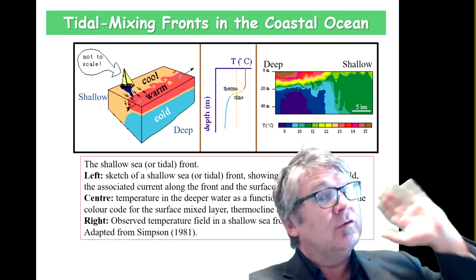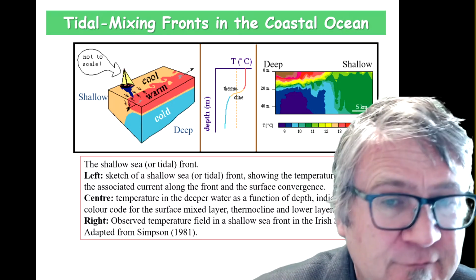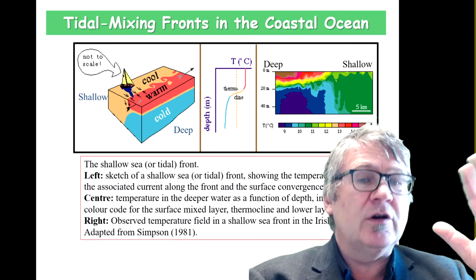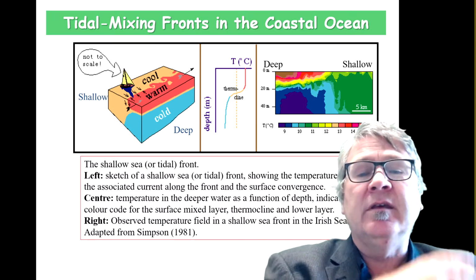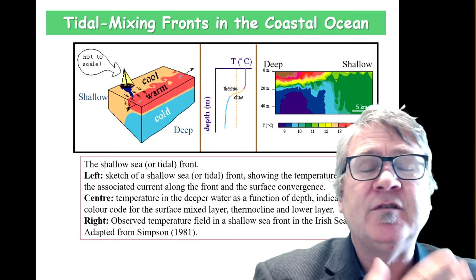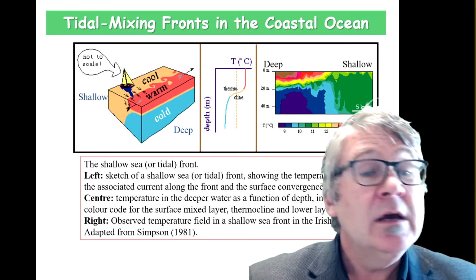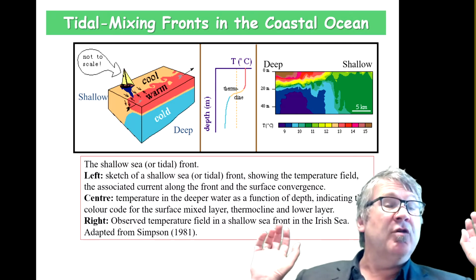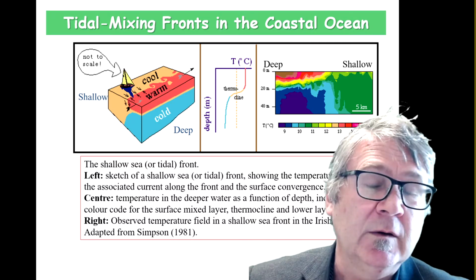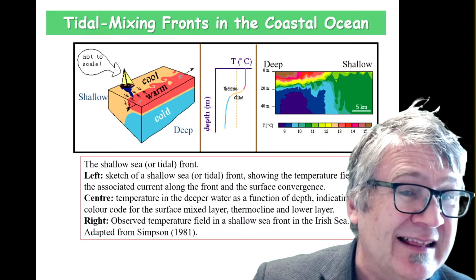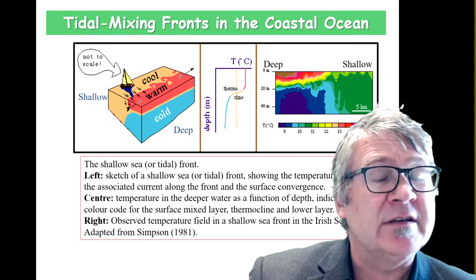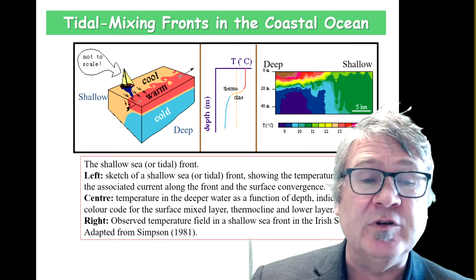The tidal flows, horizontal flows, interact with the seafloor, and if they are strong enough, they can produce mixing and turbulence, and mix the entire water column, surface to the bottom. So if you have very strong currents in shallower water creating mixing, and weaker currents in deeper water, you can produce a front.